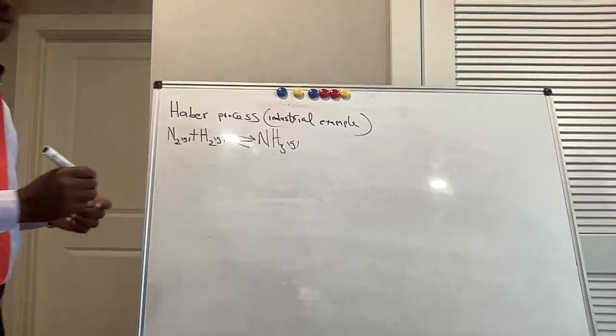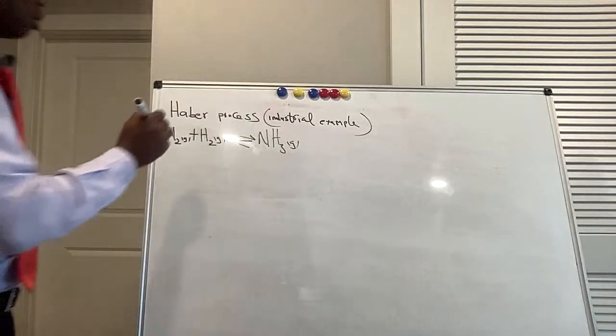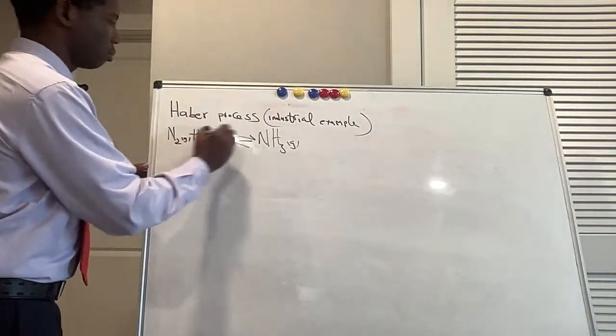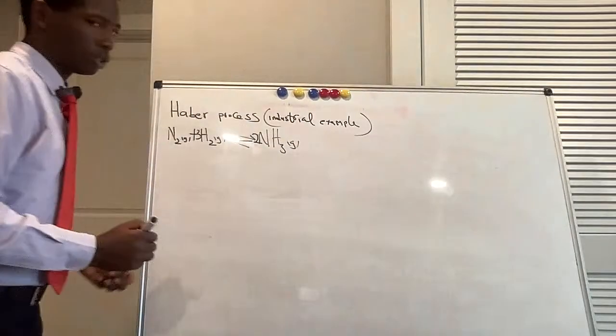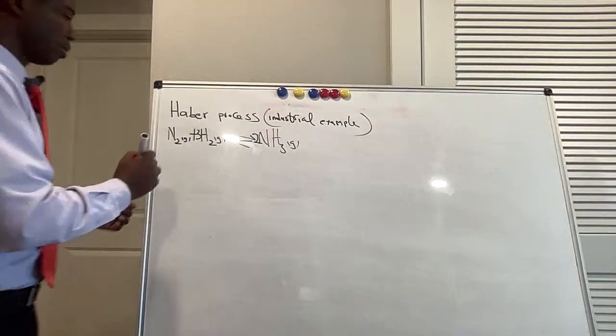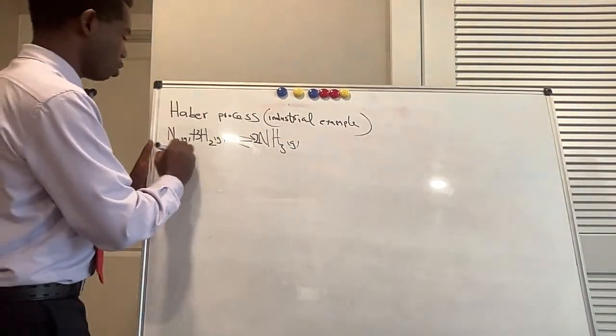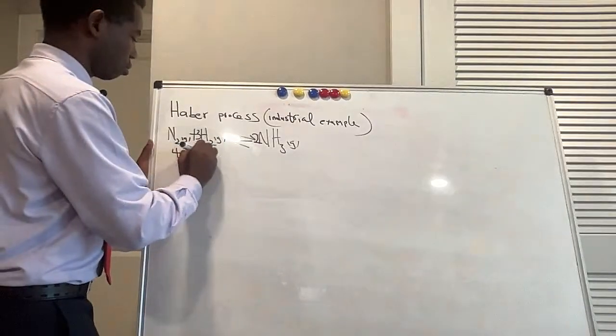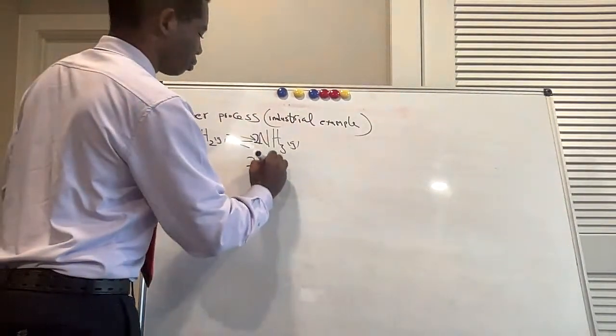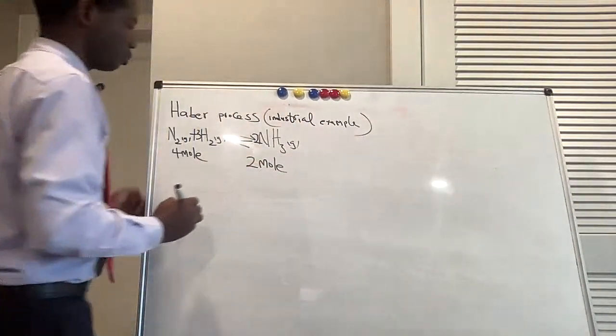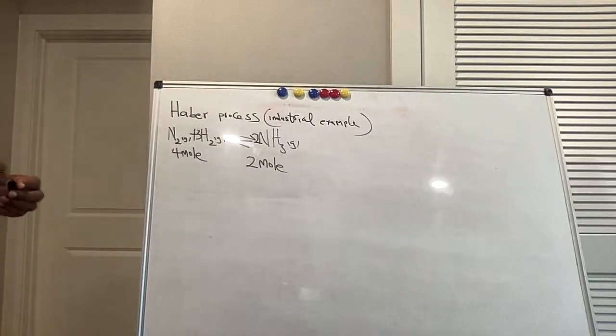let's balance our reaction. Okay, 3 here, 2 here. Our reaction is balanced. We should not forget we have 4 mole here and 2 mole here. Now let's proceed.